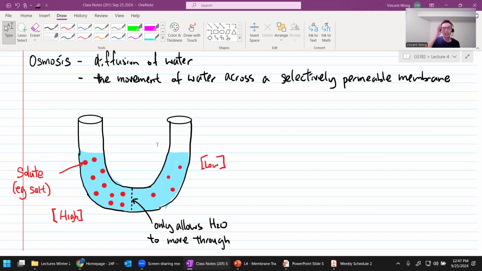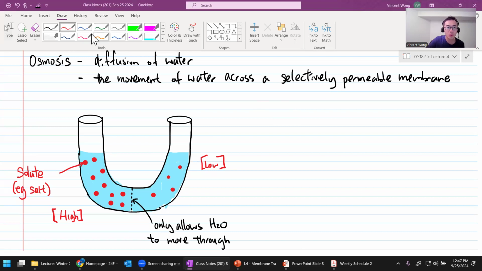You have to understand, in nature, things tend to want to balance themselves out. Like if the concentration on the two sides is not the same, then there will be some kind of movement to try to balance it out. And the only thing that could help with balancing it would be the water. Okay?